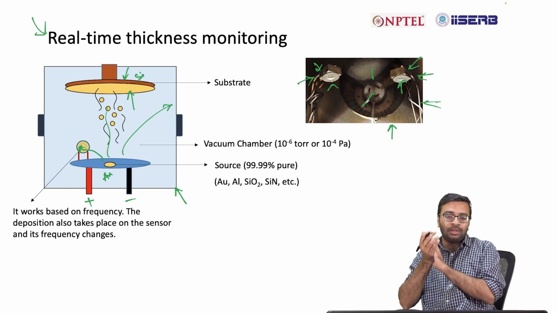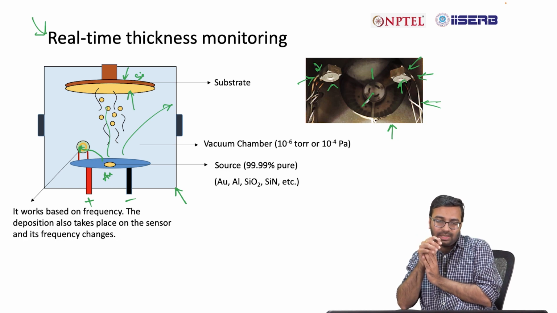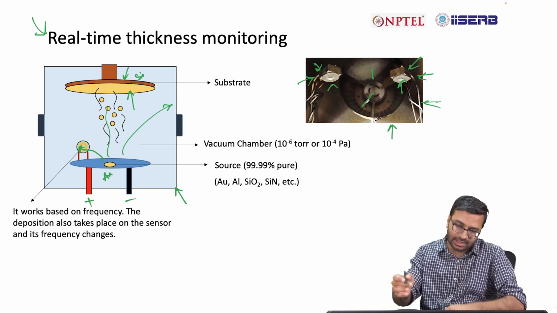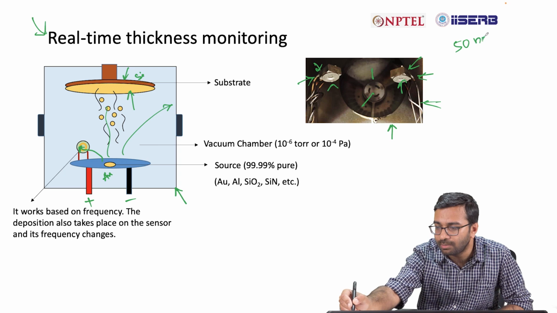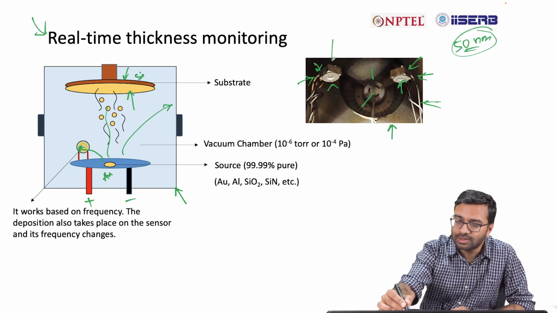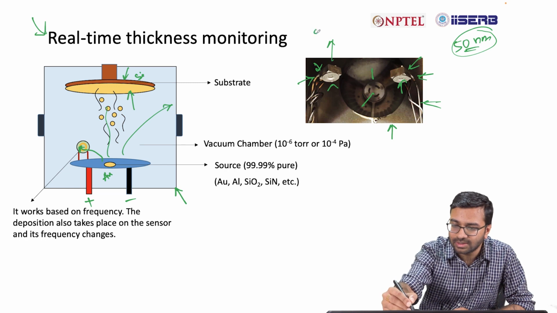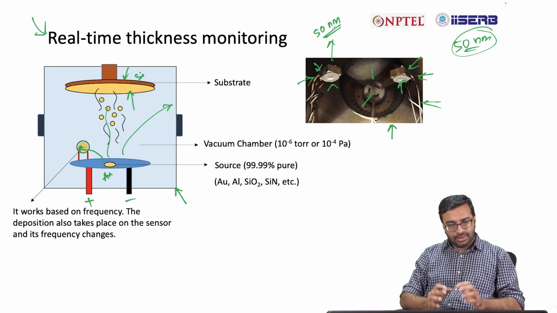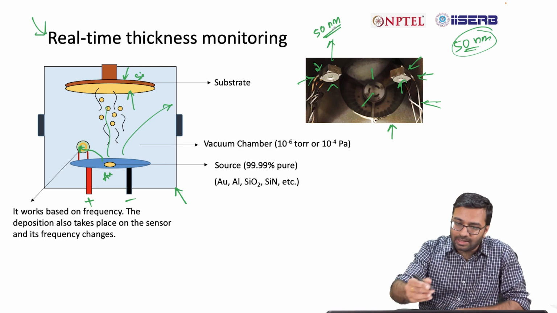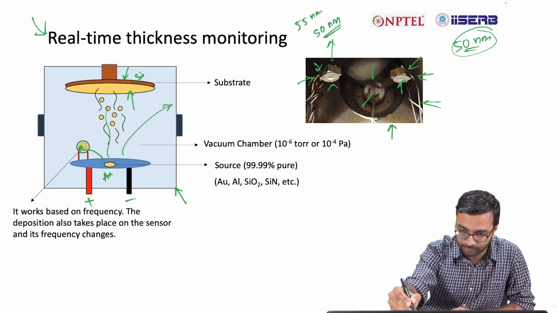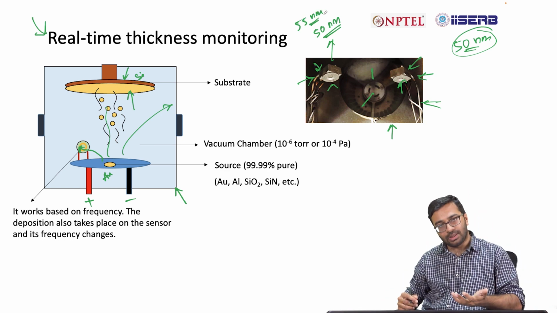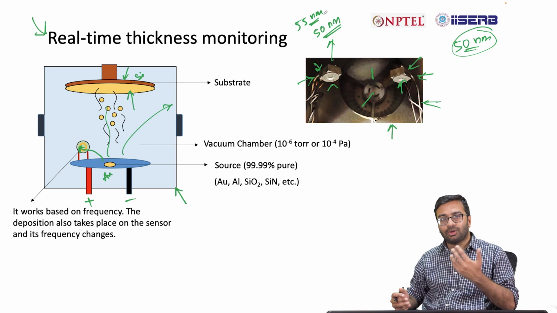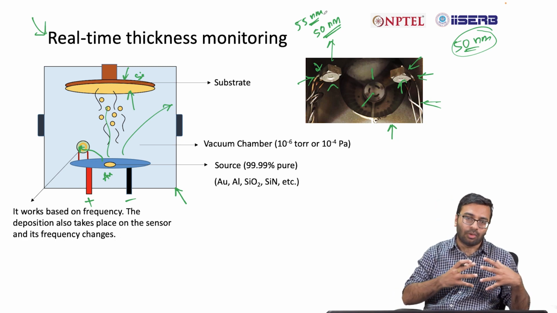However, you should remember, because it is a thermal process. Once you heat that material, and for example, say at 50 nanometer thickness you want to stop the process, say your crystal sensor said that 50 nanometer thickness has been reached, and then if you switch off this entire system, you may end up getting say 55 nanometer or 60 nanometer, because the moment you switch off the system, the heat will not go down so fast, it won't cool down so fast.